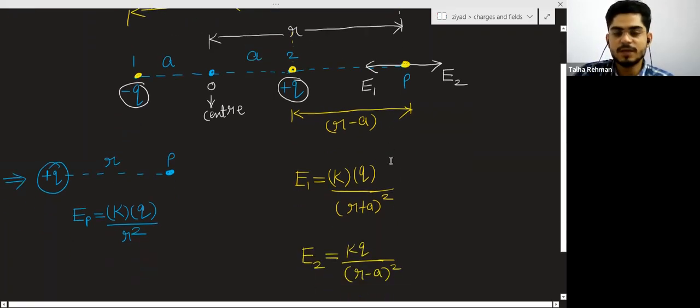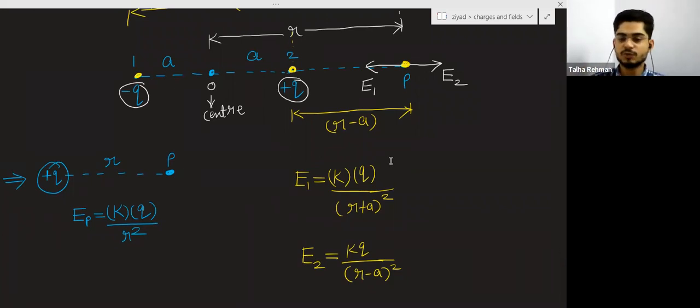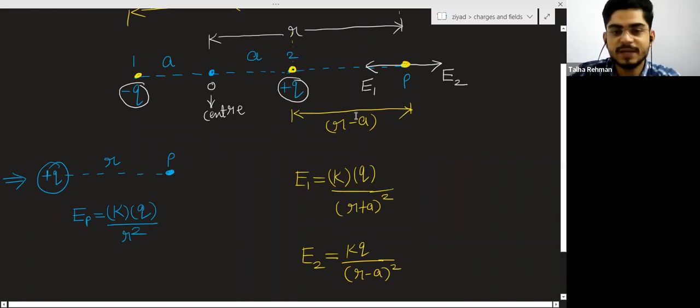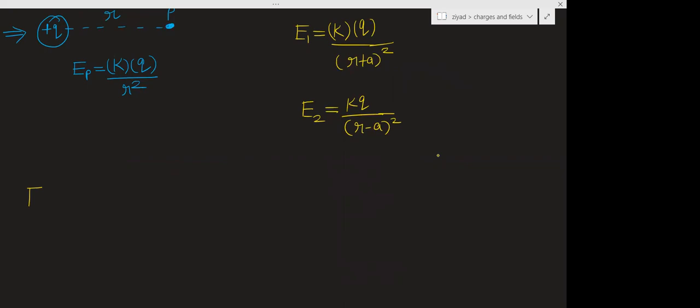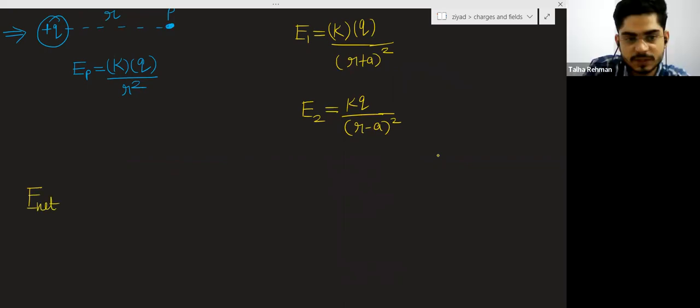So now, if you want to calculate the net electric field at point P, then you have to add the electric fields vectorially. I want the net electric field. This is E net, the electric field at point P. So I will write E2 minus E1.